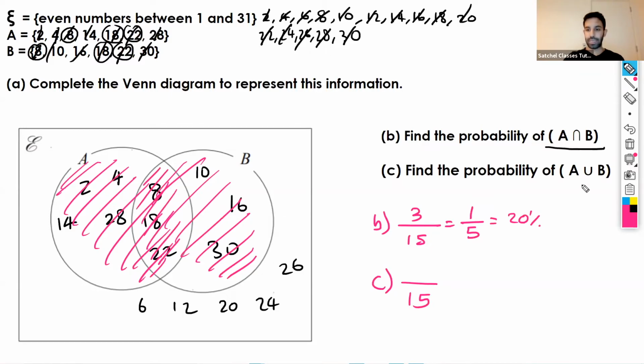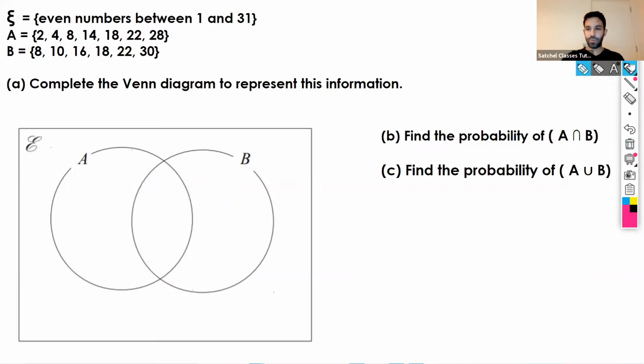However, the numbers that are in this region, the union of A and B, are 1, 2, 3, 4, 5, 6, 7, 8, 9, 10. 10 out of 15, which is 2 over 3, which is 66.6 recurring percent. So it's very important to be familiar with the notation, because it's through these notations that probability questions can often be set. All right, and moving on.